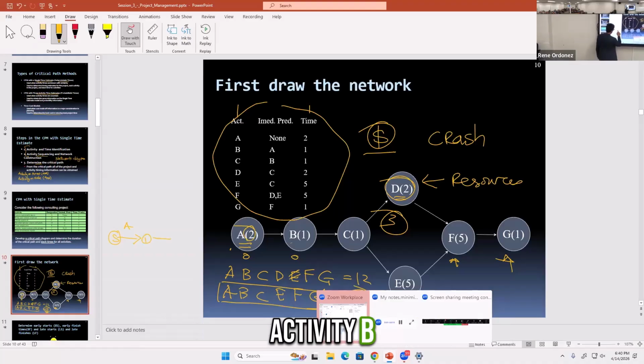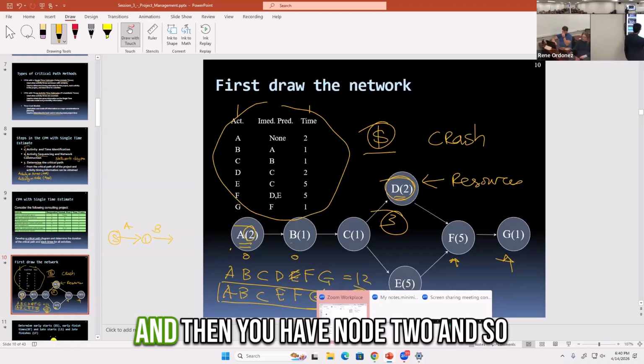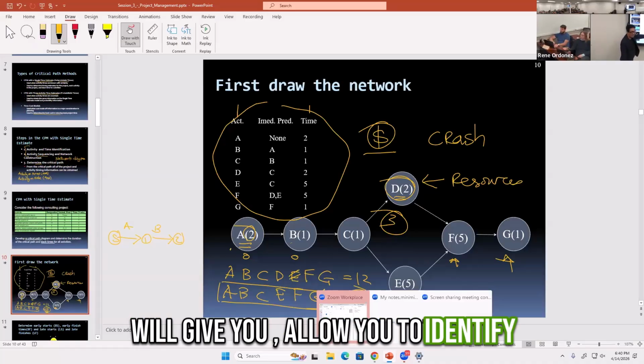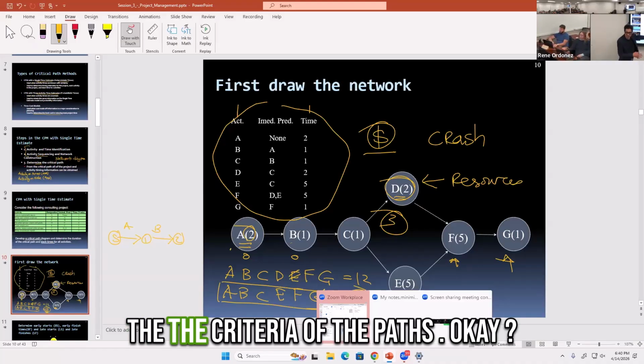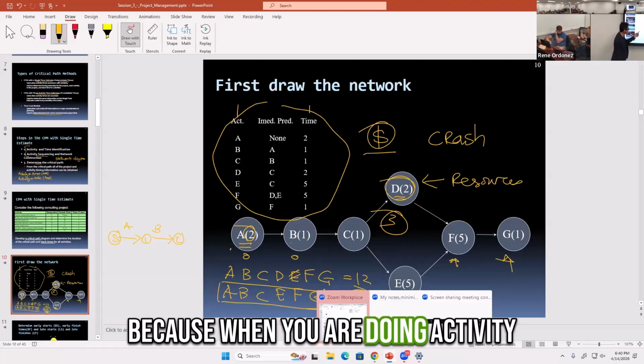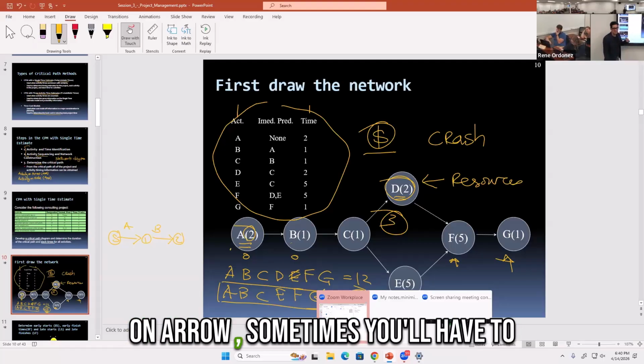And then activity B, and then you have node 2, and so on and so forth. Okay? Either one will allow you to identify the paths.